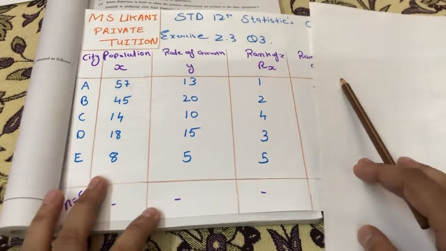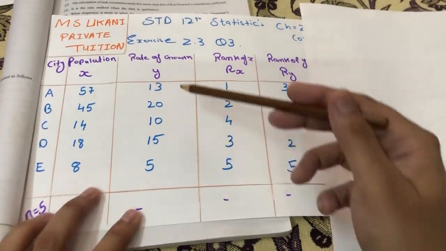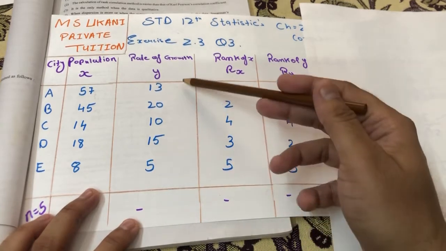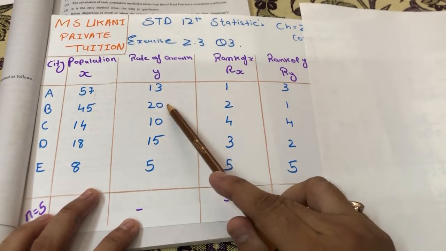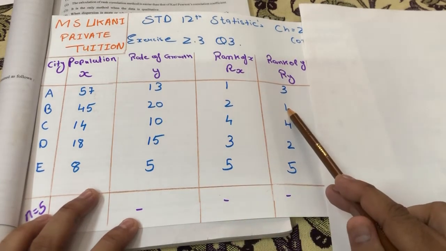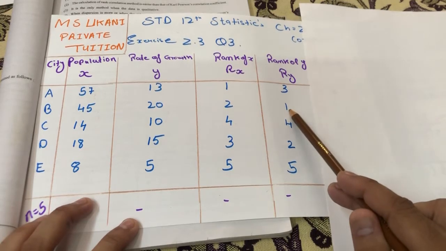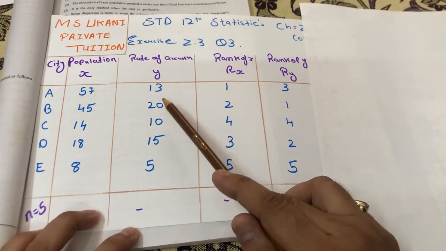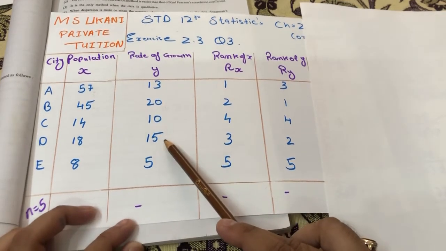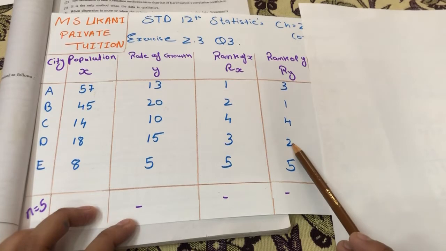Now we will give the rank for Y. Observe the column Y. Which is the greatest number? 20 is the greatest number, so here we have to give number 1 for Ry. Rank 1 for 20. Now the number less than 20 is 15, so here I had given rank 2 for Ry.